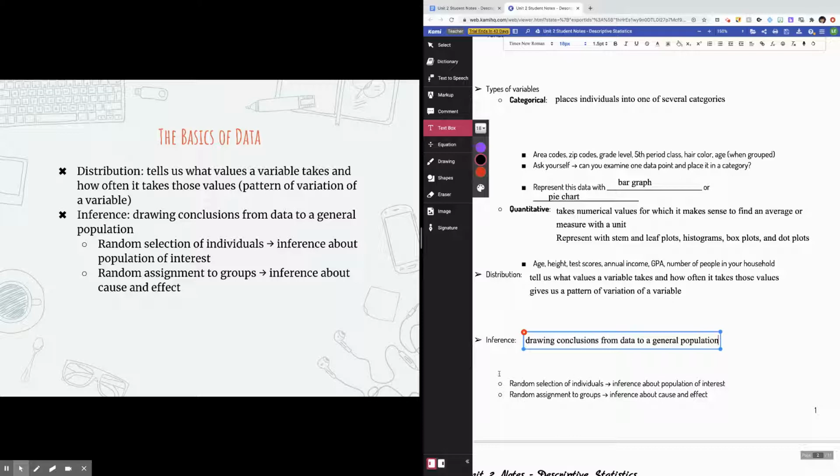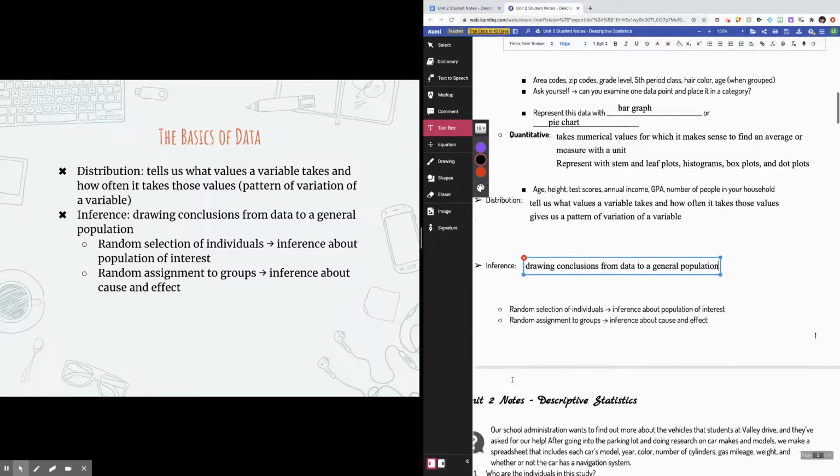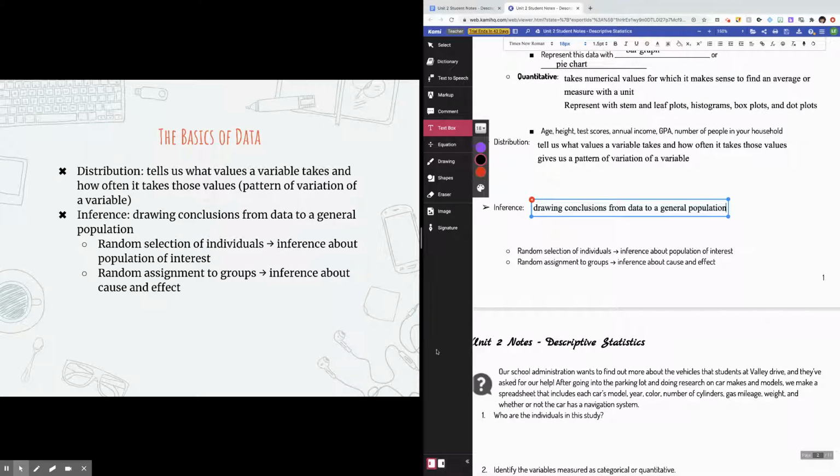We talked about this in the last unit, but I'll reiterate one more time that there are two ways you can randomly deal with individuals when you're designing a study or experiment. If you randomly select individuals from a population, which is what you do when you do a study, that is the only time you can make inference about your population.